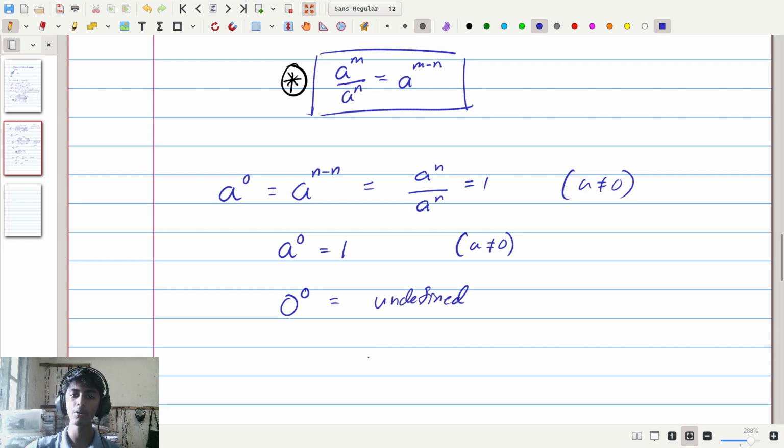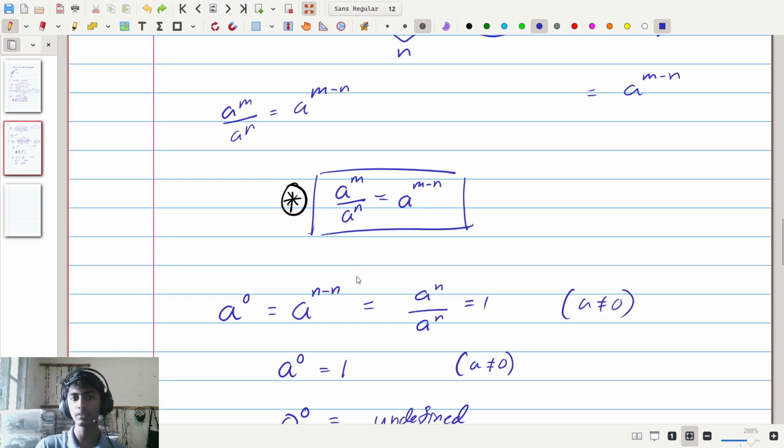We do not know what exactly 0 to 0 is. It is simply left blank and undefined. But for any other value of a other than 0, a to the 0 is equal to 1. We've shown that by what we've just derived, a to the m divided by a to the n equaling a to the m minus n.